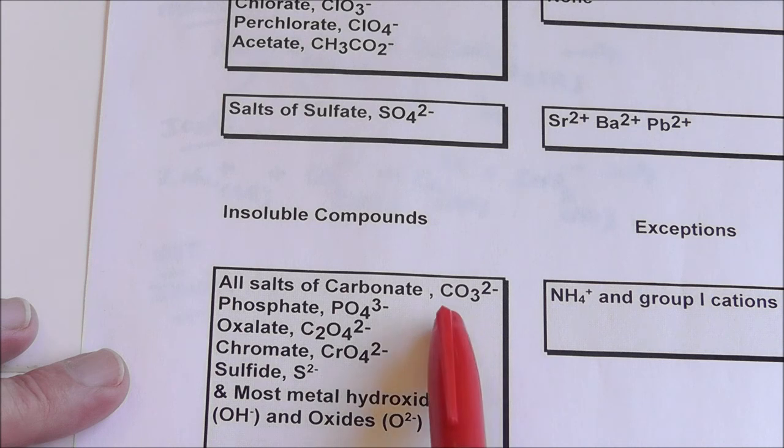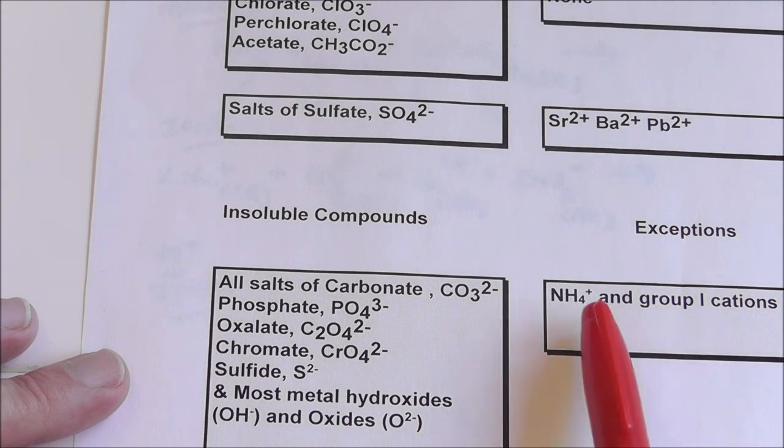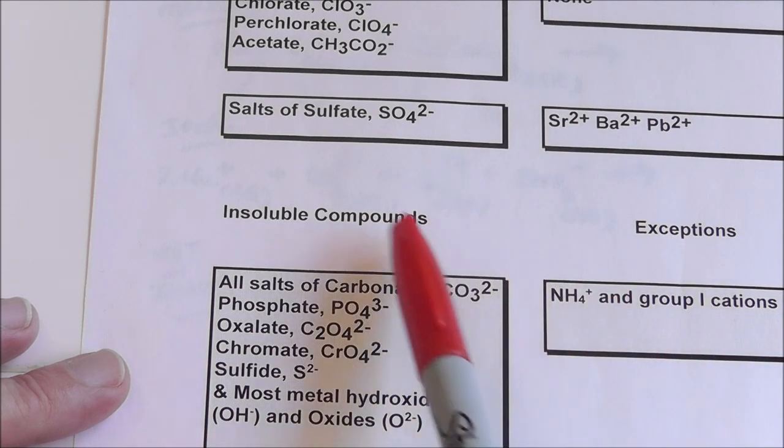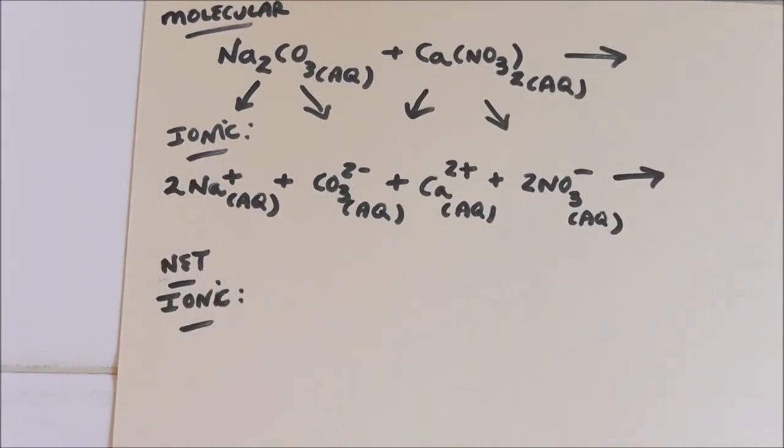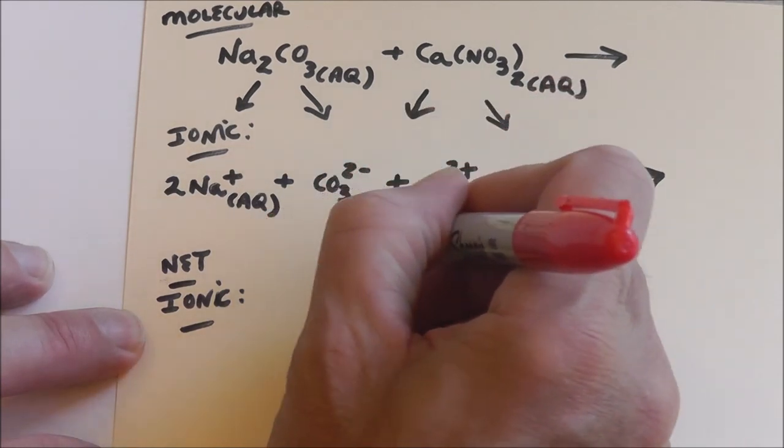And so you say, hey, group 1, sodium, that's why it dissolved in the first place, but it ain't going to dissolve. Calcium is not an exception to being insoluble, which means that calcium and carbonate make an insoluble combination. And if you remember last time, I put an eggshell in water, and eggshells are largely made of calcium carbonate.